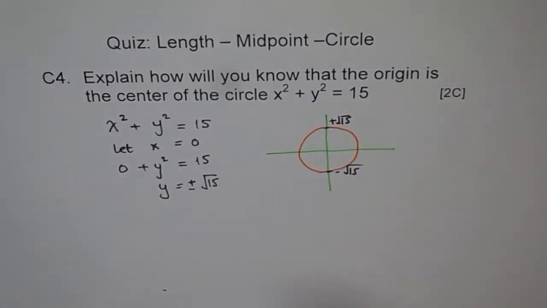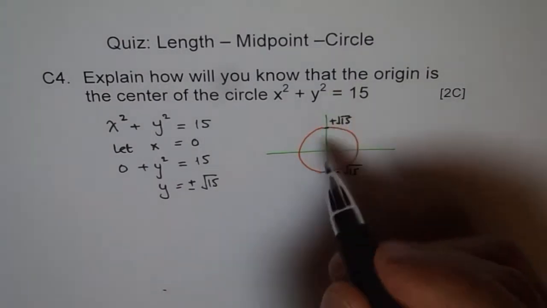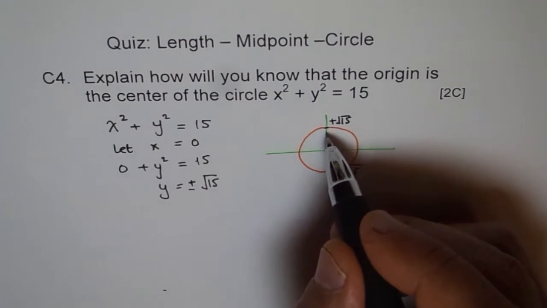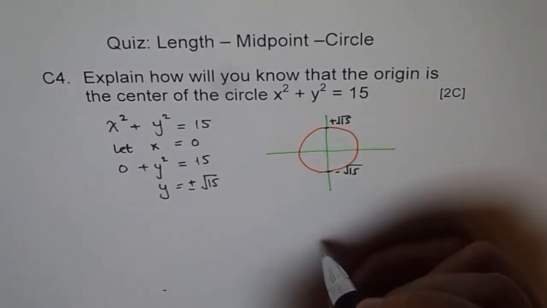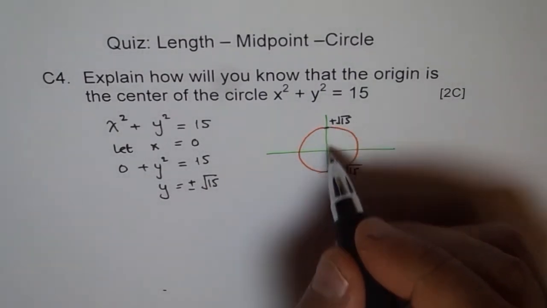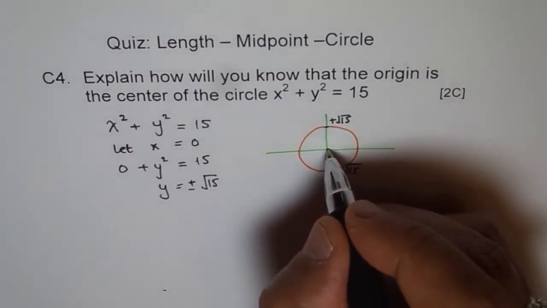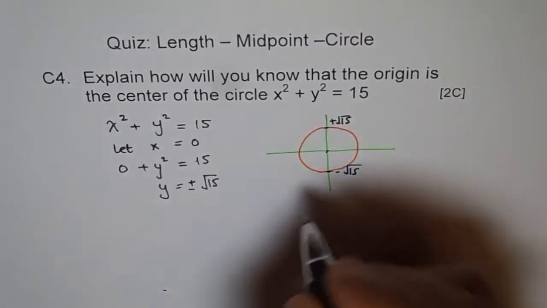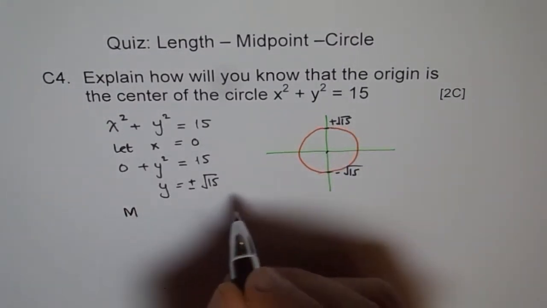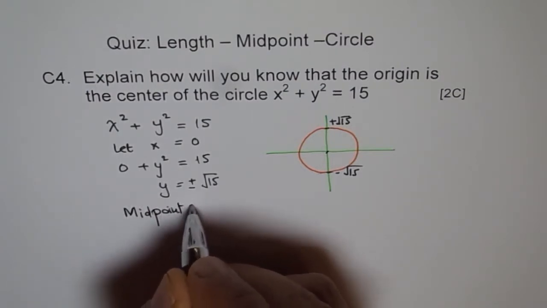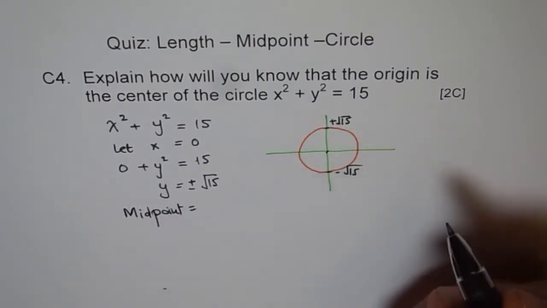We got these 2 points, and since these 2 points are on the circle, what is the center of these 2 points? Add them, divide by 2, right? So let's say the midpoint of these 2 points, we don't know what it is, equals add them, divide by 2.